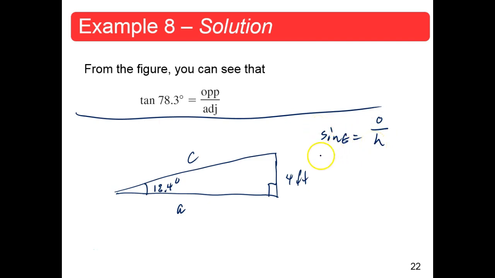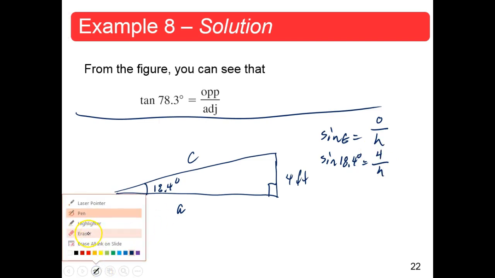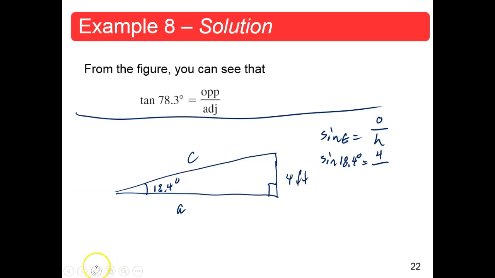So what we have here is that the sine of 18.4 degrees is equal to 4 divided by C. Since we're using the figure, we'll call that C. 4 was the opposite side, C is the hypotenuse. Well, we want to find C, so multiply both sides by C. You don't find C when it's in a denominator.